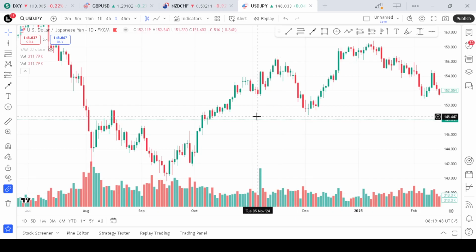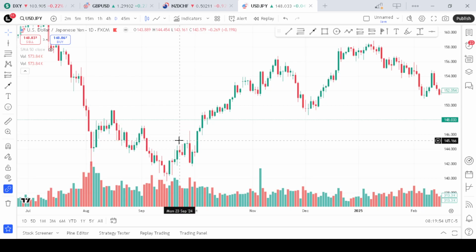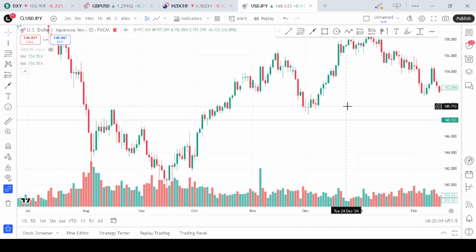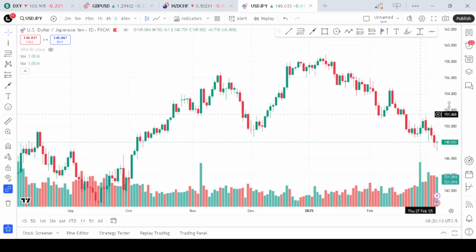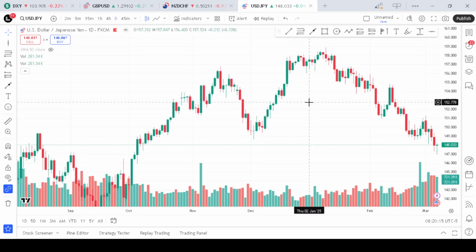The last one is overlooking transaction costs. High trading frequency can eat into your profit through spreads and commissions. Be aware of this potential pitfall and implement strategies to avoid it. Because we leave our trades open over days, over a long time, we might end up paying so much in swap fees or commission costs.